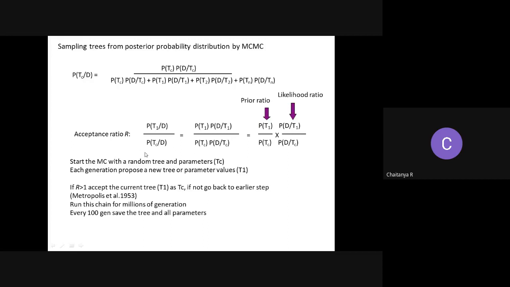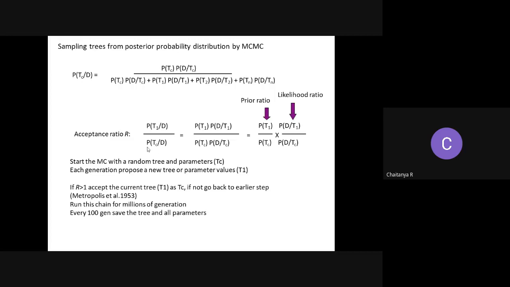Then it makes some perturbations to the current tree and gets a new tree, let's say T1, with a slightly different topology from your current tree. So basically the program would calculate the posterior probability of that tree and see if that tree has a higher posterior probability than the current tree, right?